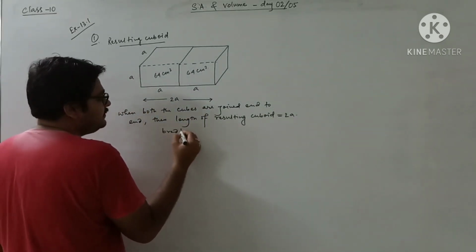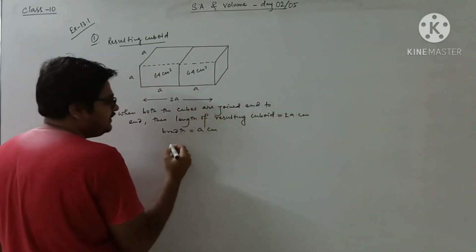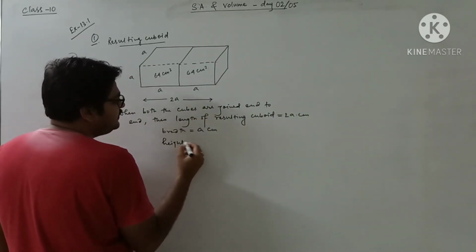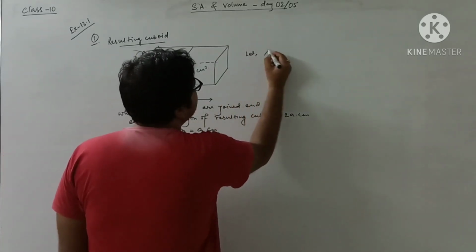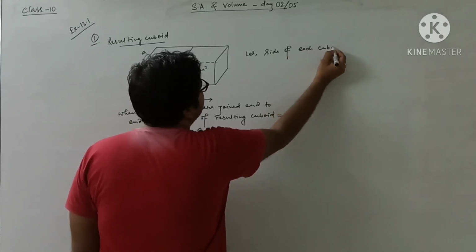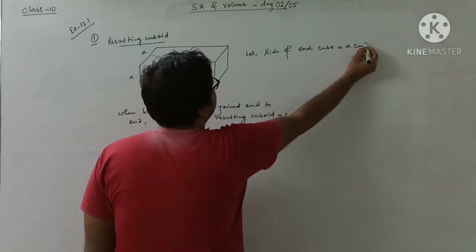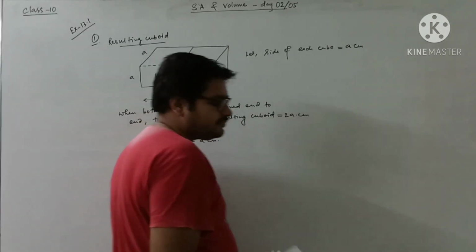Breadth a centimeter, because it is given in centimeter. Height, that is also a centimeter. First of all, you write like this, that side of each cube equal to a centimeter.